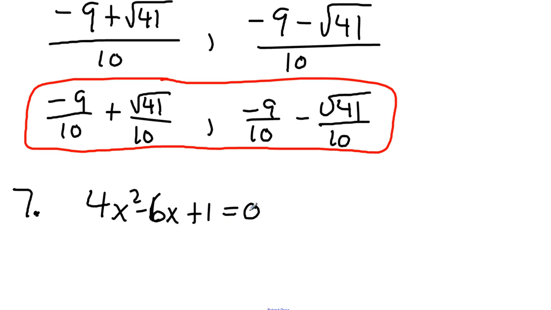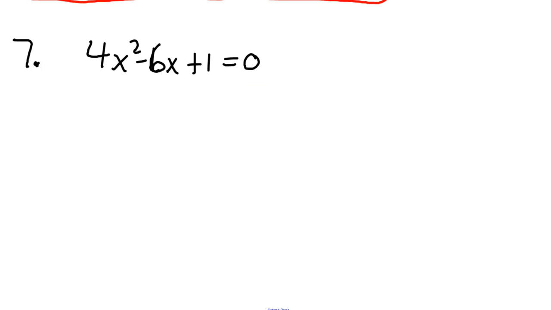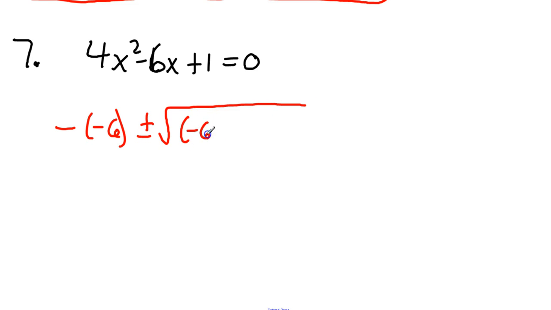Let's go with 4x squared minus 6x plus 1. Still using the quadratic formula on this one. Okay, so we plug it in. It's minus negative 6 plus or minus the square root of negative 6 squared minus 4 times a times c.